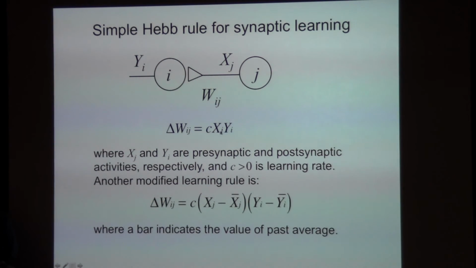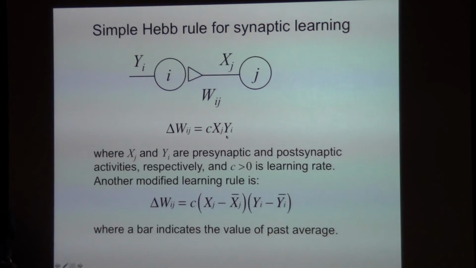If one of the cells is not active, the product is zero, like a logical AND. Both must be active at the same time, then something is going to happen, and you have an increment of that weight. So it's like a logical AND: both have to be active. If only one side is active, it won't work. So this is quite a simple Hebb rule.